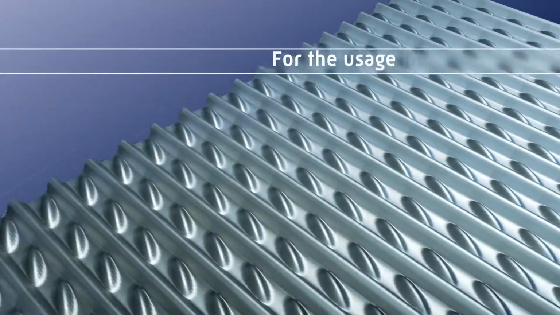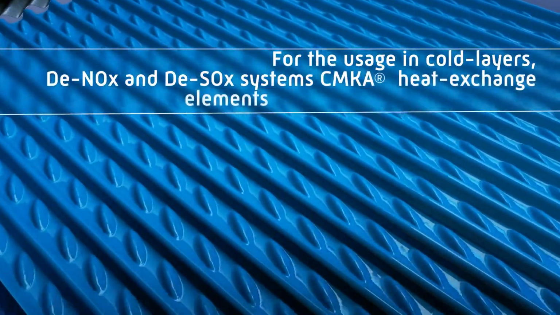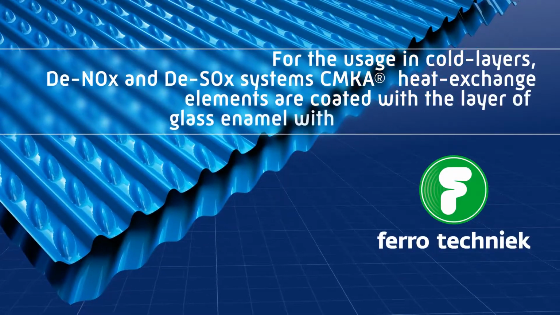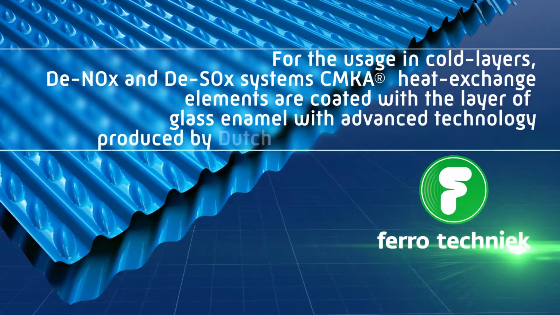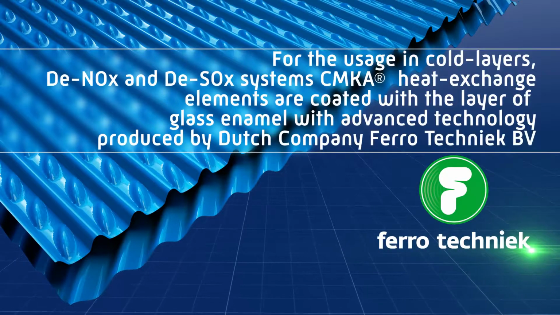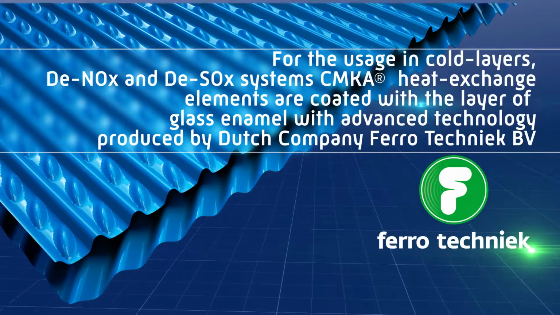For the usage in cold layers, DNOx and DSO-OX systems, SMK heat exchange elements are coated with a layer of glass enamel by the advanced technology of Dutch company FERRO TECHNIEK BV, the European leader of the enamel coating for heat exchange surfaces operating in aggressive environment.